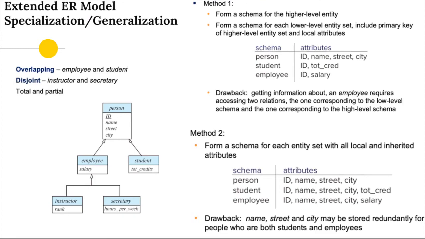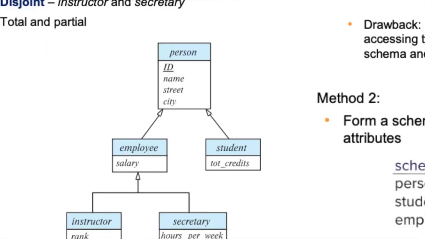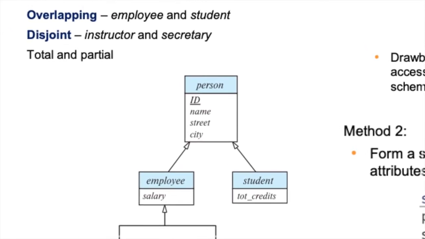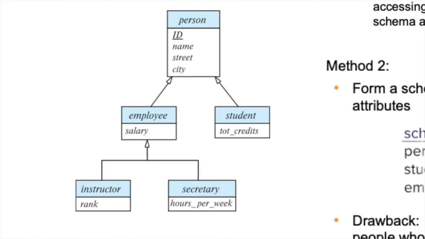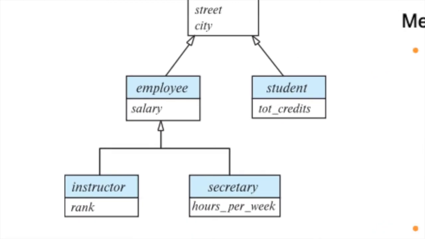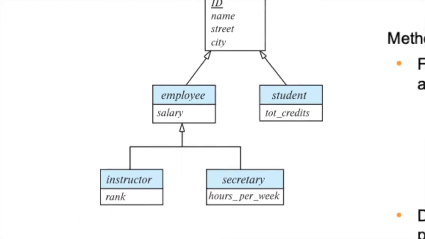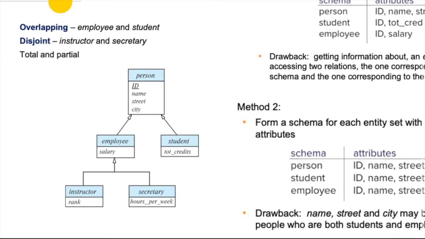And then if you're an employee, you can also be a student. And to graphically represent the overlapping relationship between the employee and the student, we use the directed arrow. If we have a disjoint relationship between the siblings, we can use this particular symbol. And in this particular example, kung instructor ka, you can't be a secretary and vice versa.